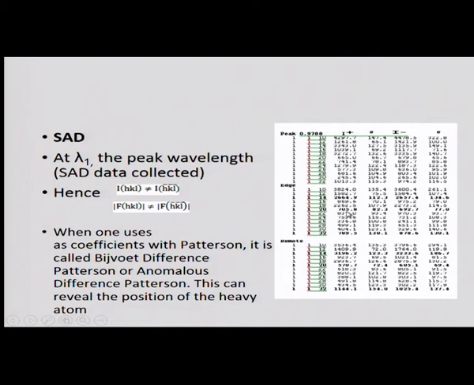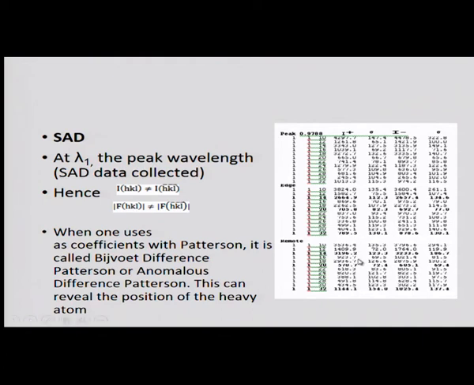So, difference is there 100, and this difference is due to the change in real part correction f prime, right. So, this is known as dispersive difference. So, between this data and this data, lambda I and lambda r, same reflection, I find the difference, I do a square of it, then do a synthesis which is known as a dispersive difference Patterson.